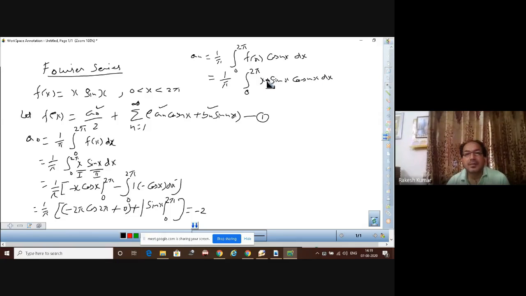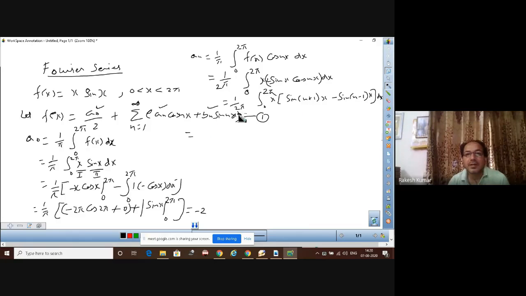You can multiply it by 2 and divide by 2 just to make the integration easier, so it comes out to be 1 upon 2 pi integral from 0 to 2 pi. Now you can apply the formula 2 cos a sine b, which is sine of a plus b minus sine of a minus b.